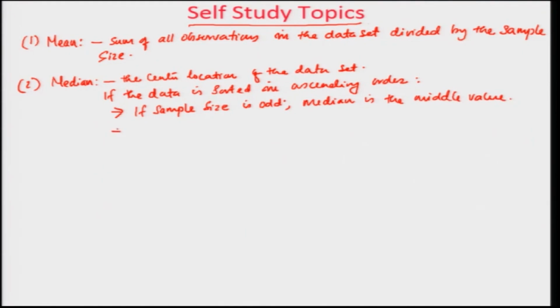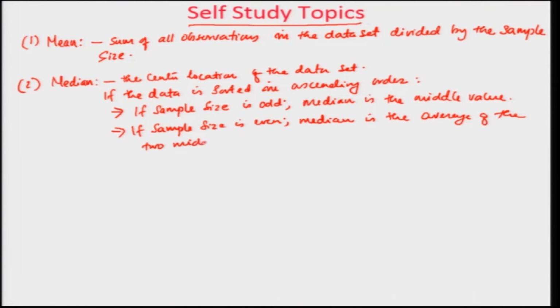If the sample size is even, then the median is the average of the two middle values. You can read the details and examples from the textbook. Okay. I am just giving you important information, that is all.